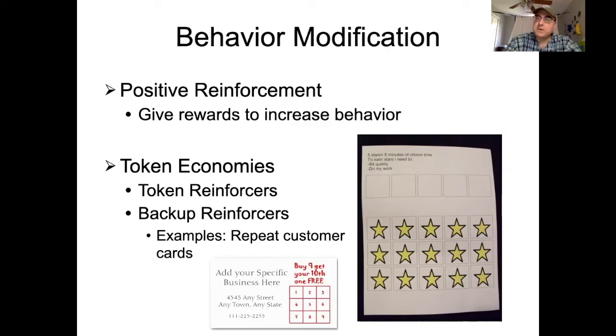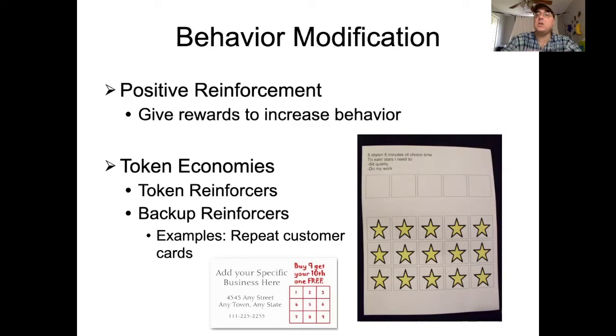especially with children, especially with populations of people with disabilities, developmental disabilities, behavior modification is a very, very well used tool. There are ways that you want to go about modifying behavior that are likely to result in better outcomes than other ways. We know that behavior modification and operant conditioning involves rewards and punishments.